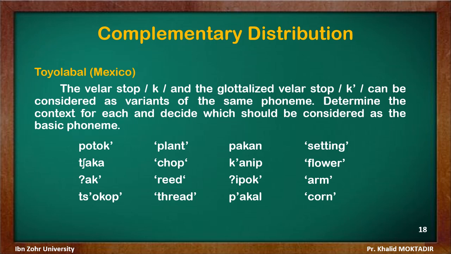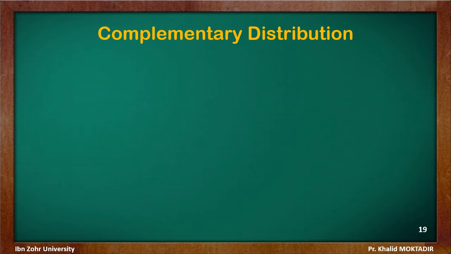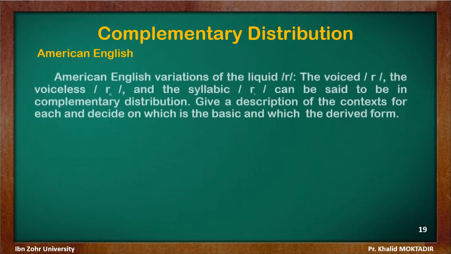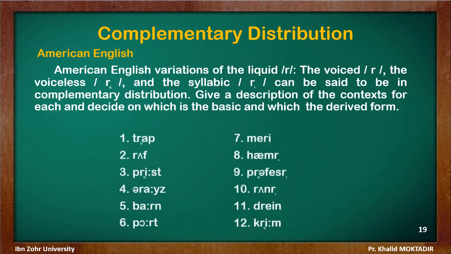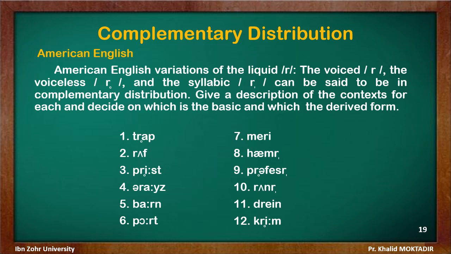Your next problem, for the sake of more practice, is on American English, and we'll see the different variations of the liquid r, where you have the voiced r, the voiceless r, and the syllabic r. These can be considered as being in complementary distribution.